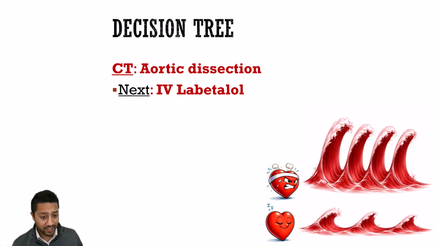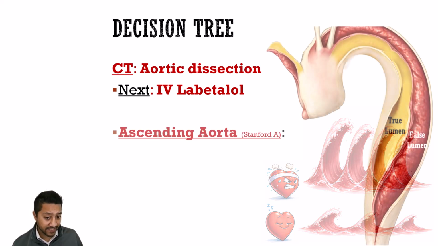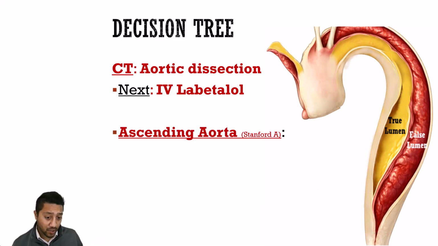Now, of course, if the CAT scan shows any involvement of the ascending aorta, then this patient also needs emergent surgery, in which case, after the labetalol, you should call your CT surgeon for surgical management of this patient's dissection. This is where a lot of students get all mixed up with the DeBakey and Stanford classifications, but in reality, these classifications were made by CT surgeons to help guide their surgical interventions, not for PA students who are just trying to pass their boards.